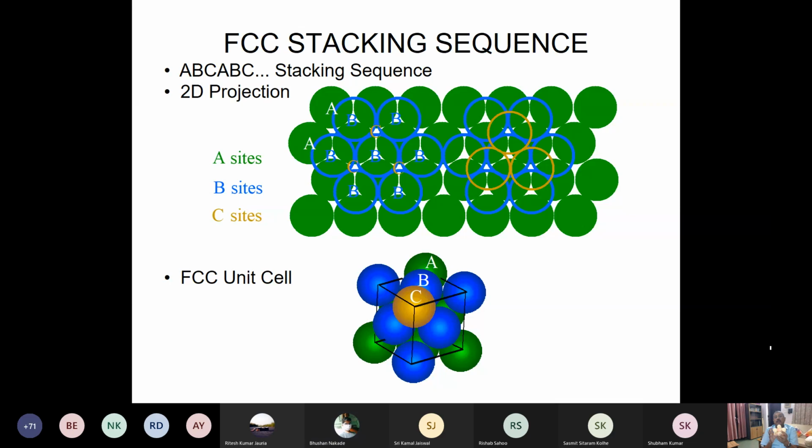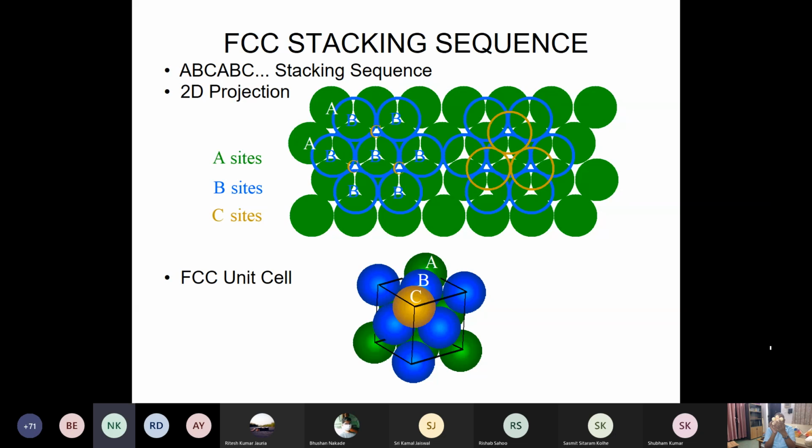Now, the A layer is towards me. Behind A, what should be the layer of atoms? Which position? C. So exactly on the C position, I am putting this atom. So what sequence do I have now? C, A, B, C, right?